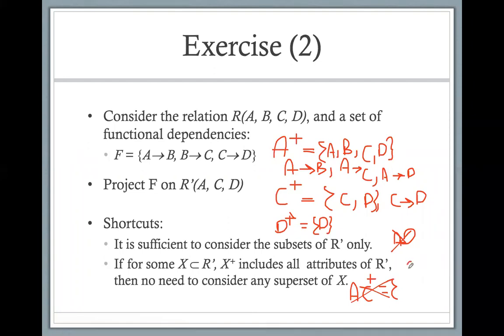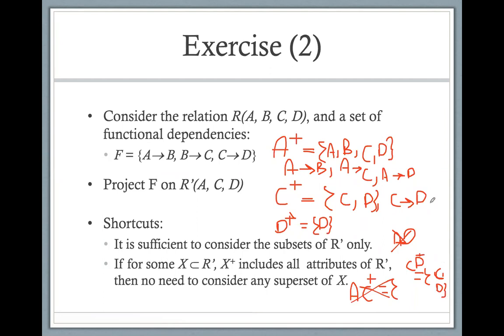But I need to do CD. So the closure of CD is just the attributes C and D. Hence, there are no non-trivial functional dependencies there.